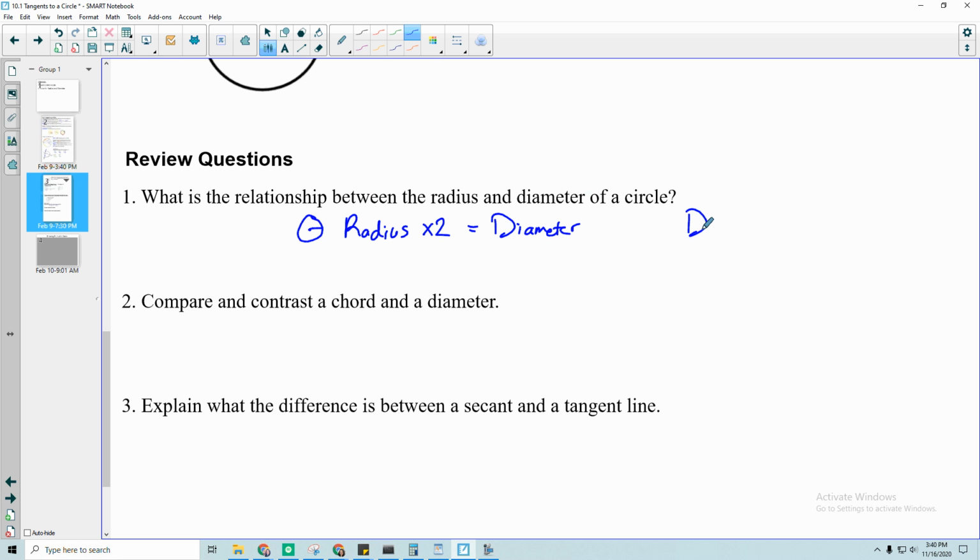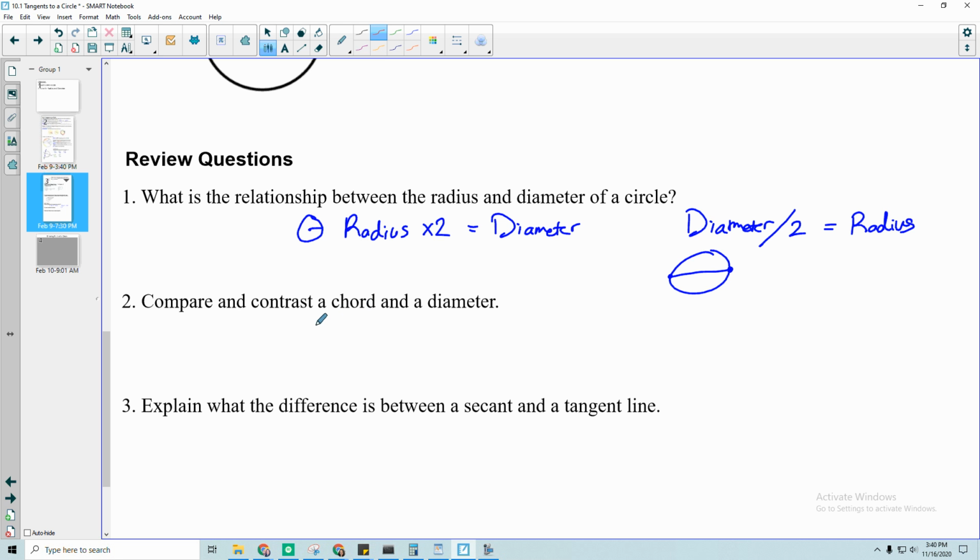Where if I have the diameter and I divide it by 2, that's going to give me the radius. So let's say I had a circle, there's the diameter. If I wanted the radius, I just cut this in half, I divide it by 2, and that's how I get the radius. Okay. Next, compare and contrast a chord and a diameter.